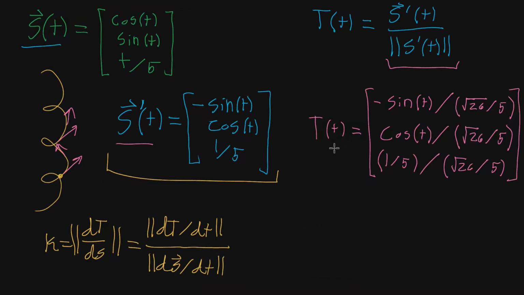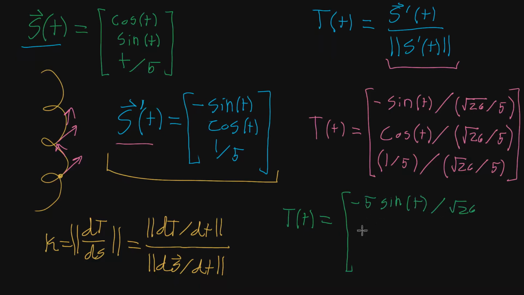So with our given function, let's go ahead and start doing that. And I think first, given that we have this kind of fractions of fractions form, I'm just going to start by writing it a little bit more simply. So our unit tangent vector function, that first component where we're dividing by the square root of 26 divided by 5, instead I'm just going to write that as negative 5 times the sine of t, so I'm just moving that 5 up into the numerator, divided by the root of 26.